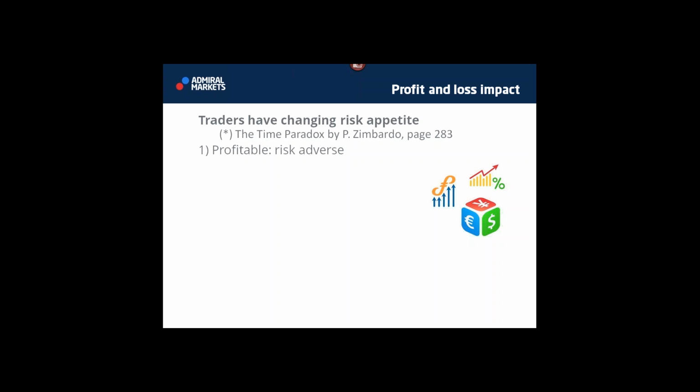So if we're in profit, we tend as humans to become risk averse and more cautious and take decisions that are conservative perhaps. Whereas if we're losing, we tend on average to become risk seekers, and we just become a bit more casual with that.